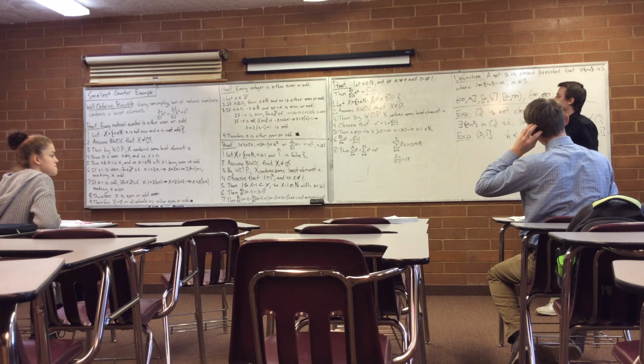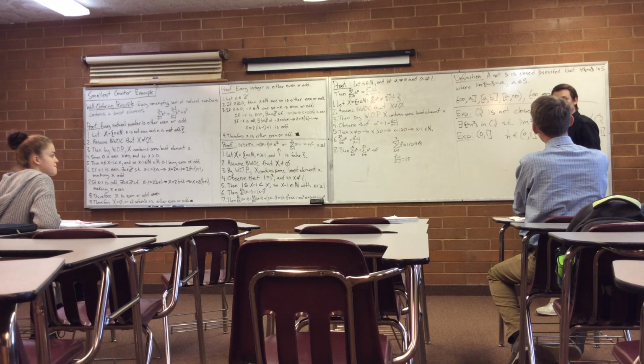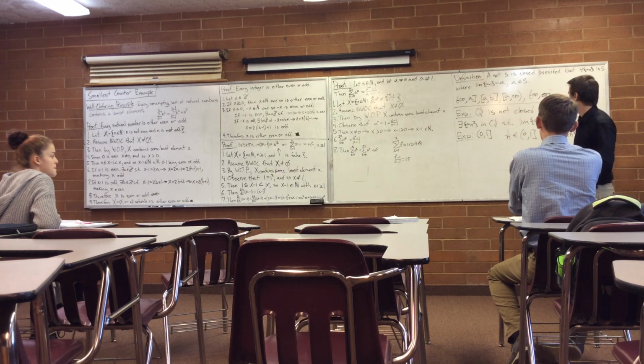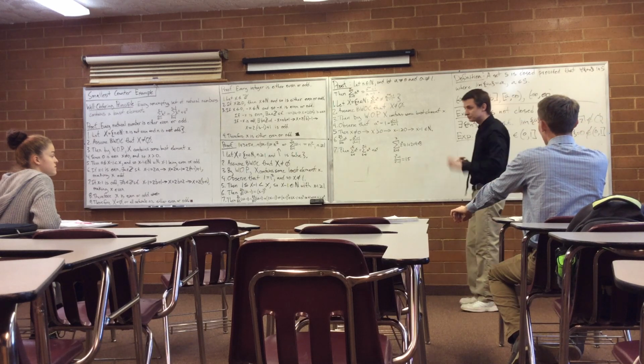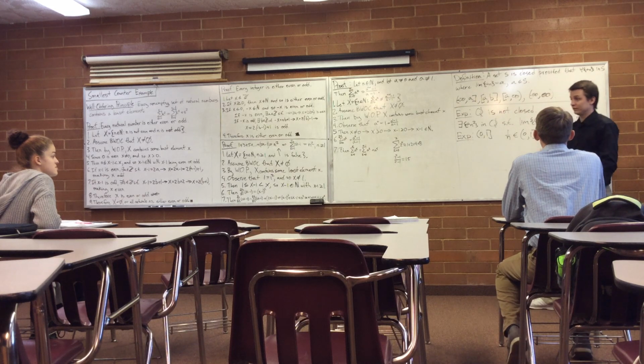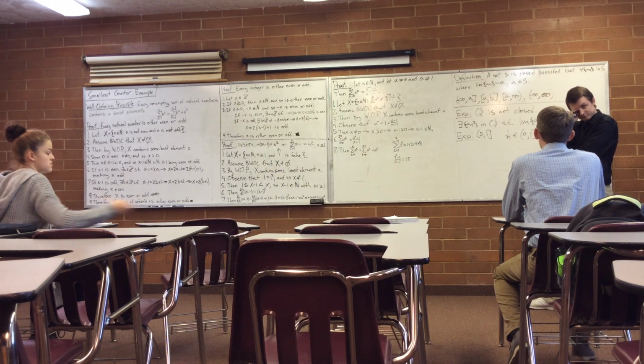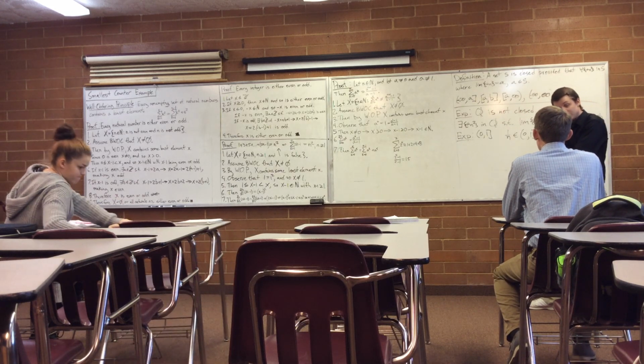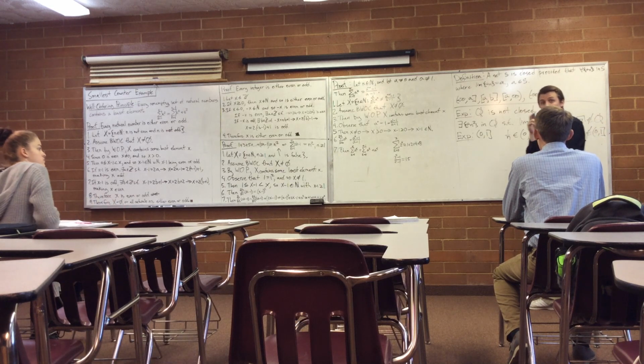This has a fairly easy algebraic proof. So maybe I'll show you that real quick. Let me make sure I get this straight in my head because I always screw it up. Let's see.